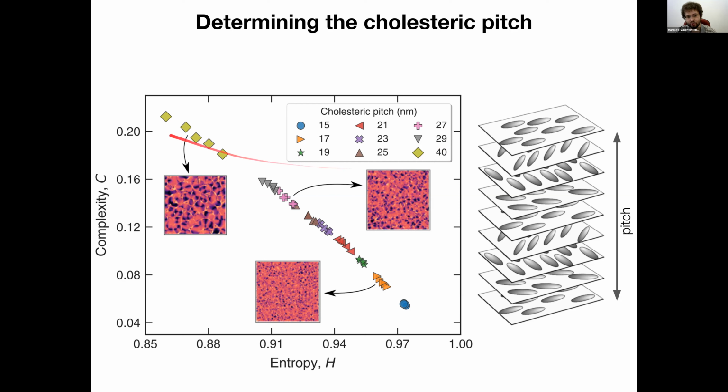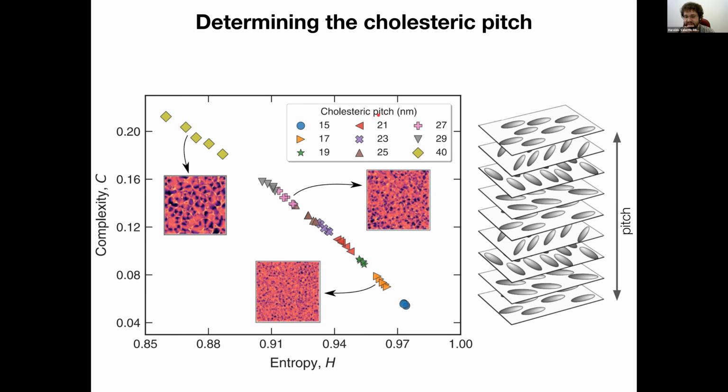And what I am showing here is 5 examples. So 5 textures for each of these cholesteric pitches that were mapped into the complexity-entropy plane. And this actually shows a few textures, 3 textures for a few values of the pitch.